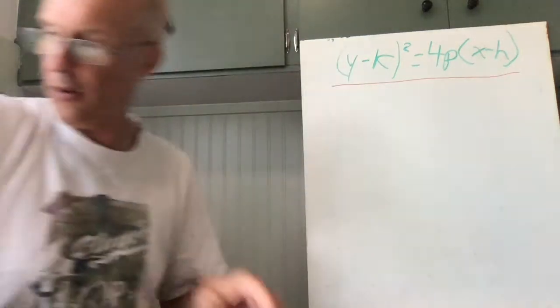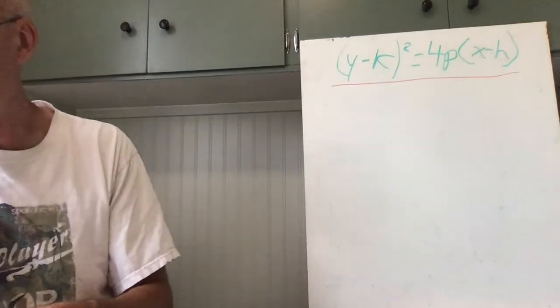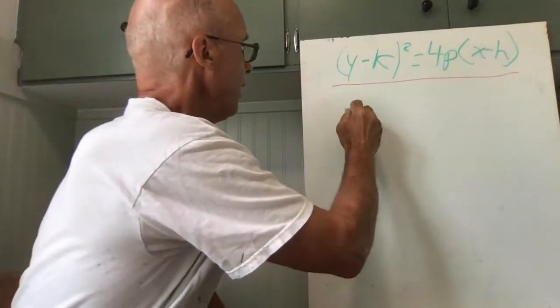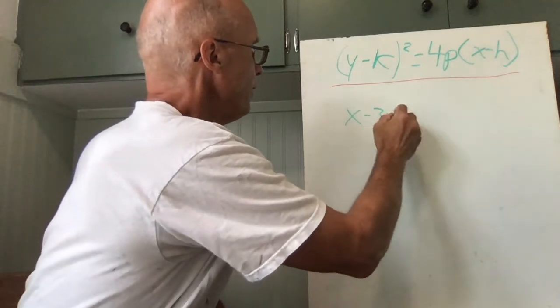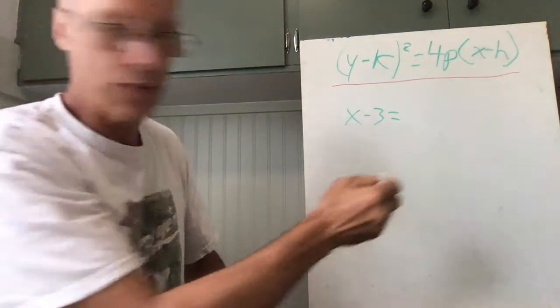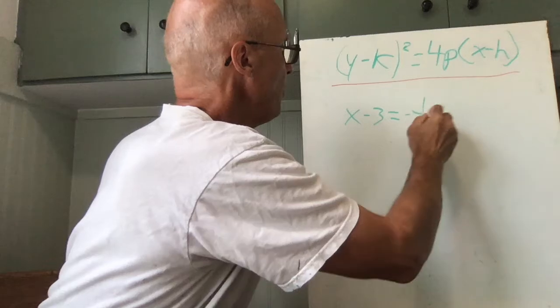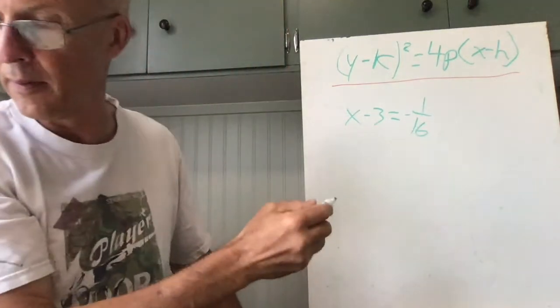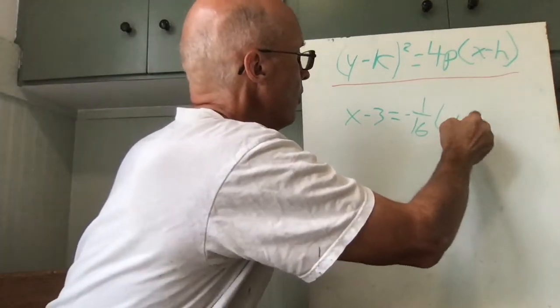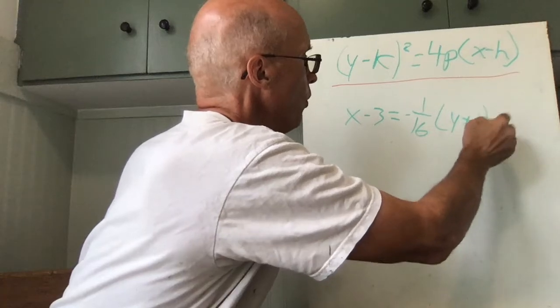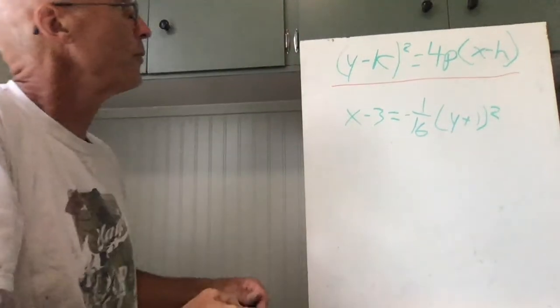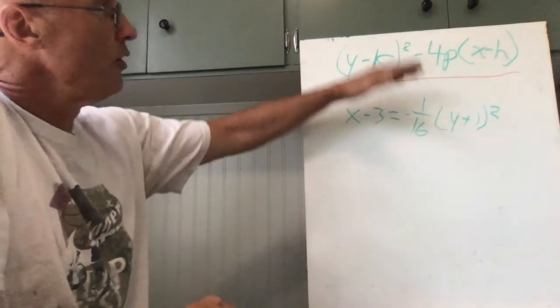What they give you is x minus 3 equals negative 1/16 y plus 1 squared. So look at the two and compare them.